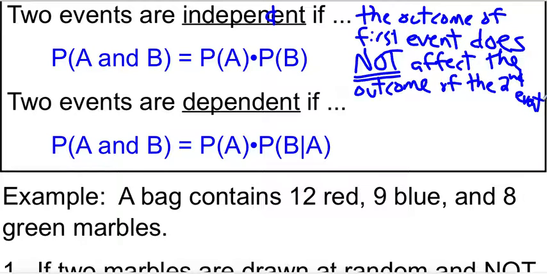Okay, so this would be things like flipping a coin twice. Whatever you flip the first time, it doesn't affect what happens the second time. Rolling a dice twice. Whatever you roll the first time, it doesn't have any effect on the next thing.